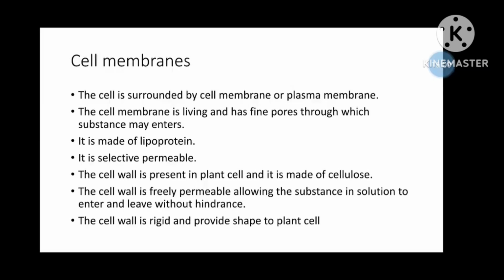Means whatever the cell wall is present in your plant cell, that cell wall is freely permeable and allows all the substances to pass through it without any hindrance. This cell wall is rigid and provides shape to the plant. You know, plant cell is very hard due to the presence of this cellulose cell wall. Right? Now come to the next slide.